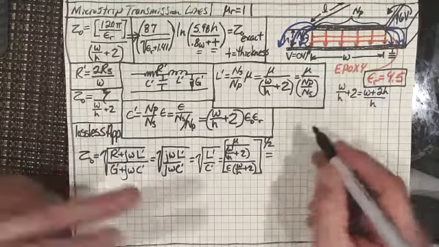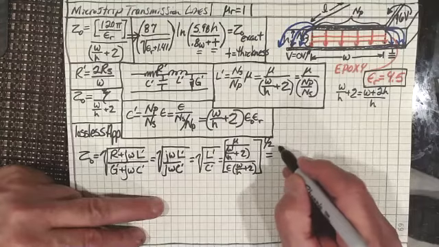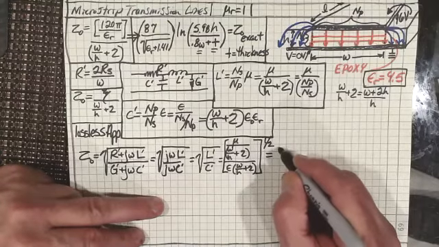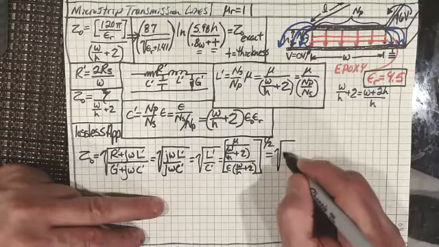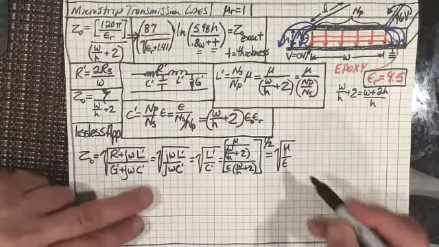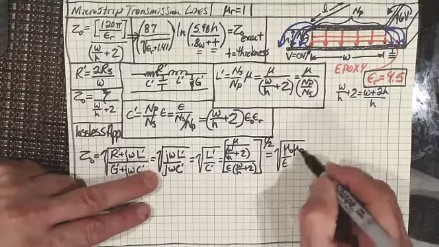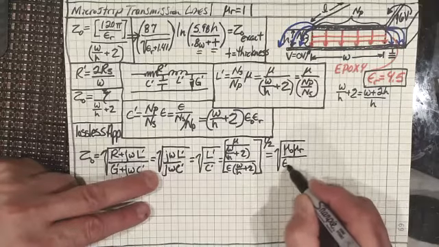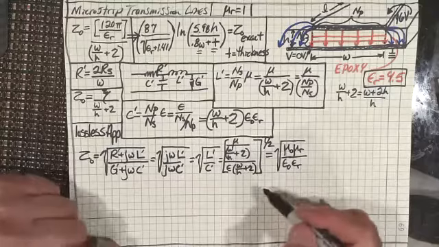I was saying, wait a second, what's going on here? So what this equals is the square root of mu divided by epsilon, right? And that's really mu sub 0 times mu sub r. We know mu sub r is 1. And that epsilon 0 divided by epsilon sub r. So that's what we've got there.